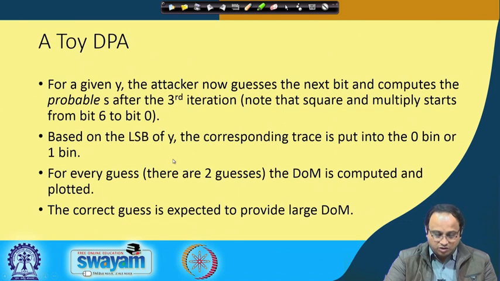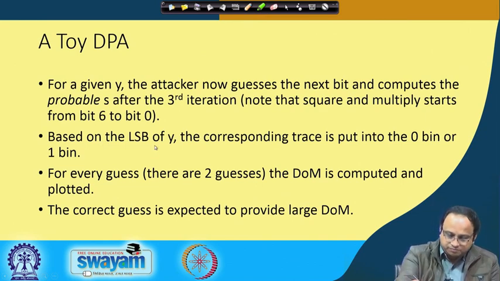Based on the LSB of y, the corresponding trace is put into the 0 bin or the 1 bin. Probably it is better to think of this as the LSB of the running variable.